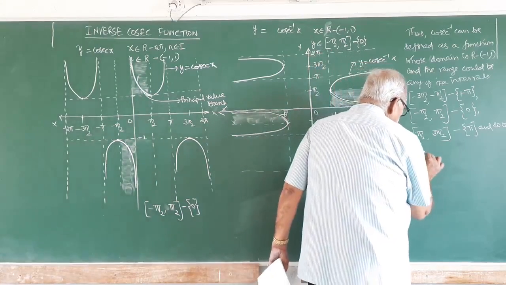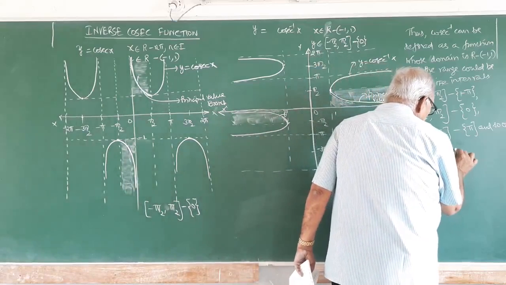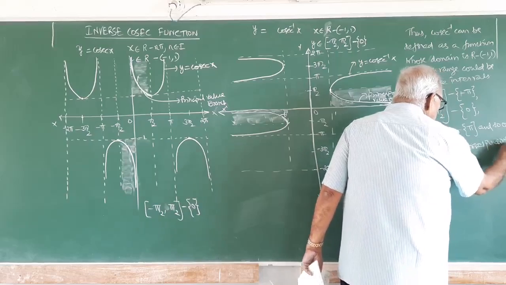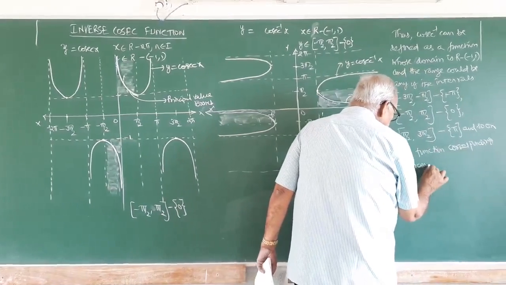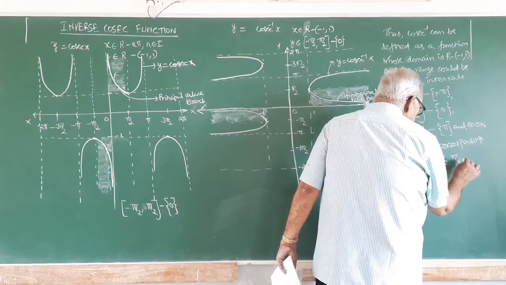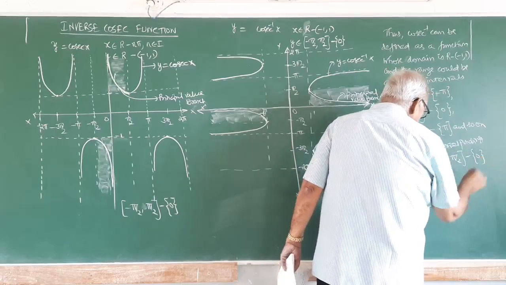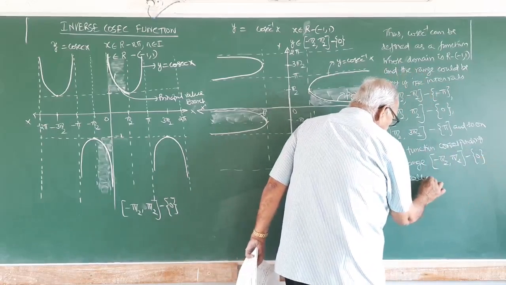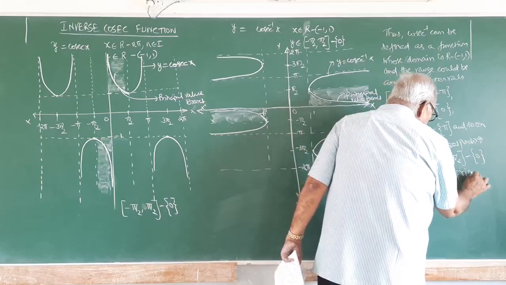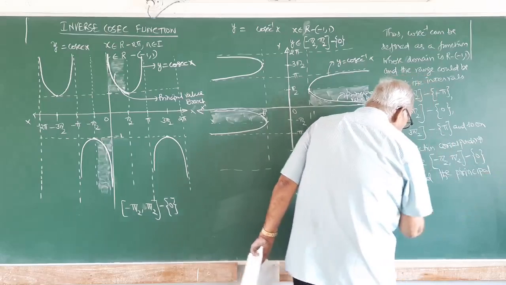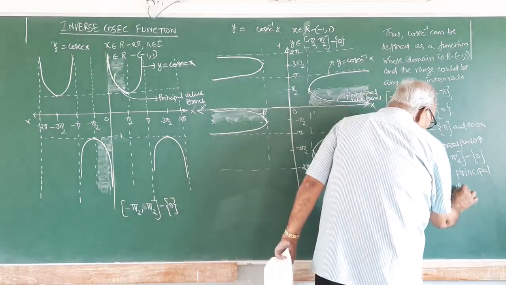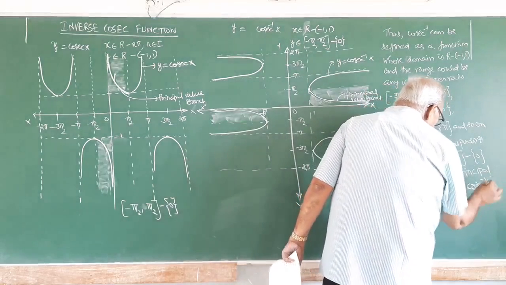The function corresponding to the range [minus pi by 2, pi by 2] minus {0} is called the principal value branch of cosecant inverse.